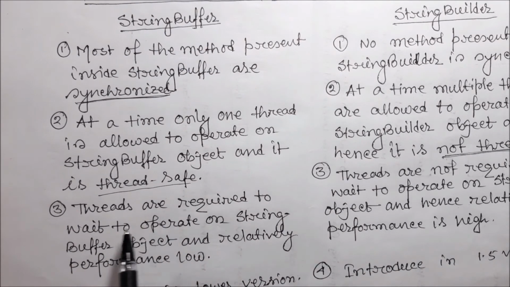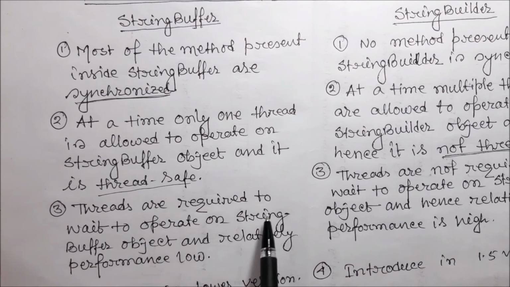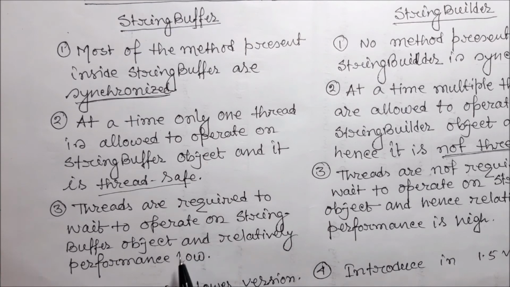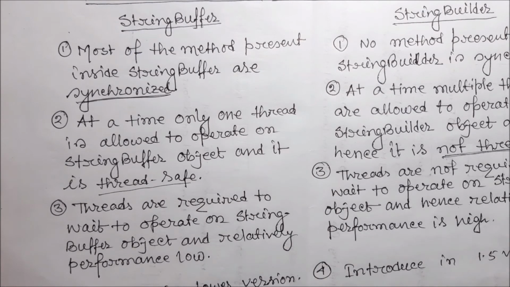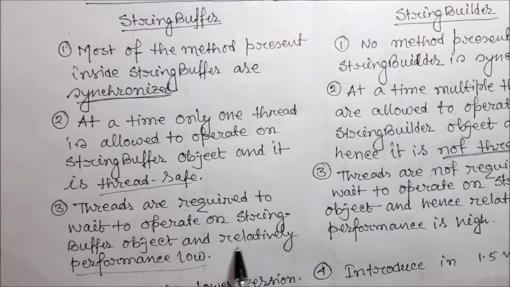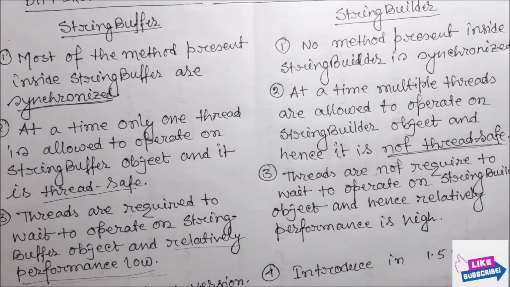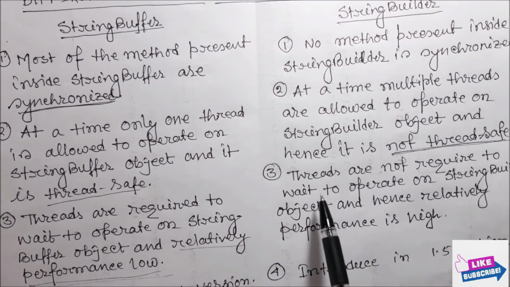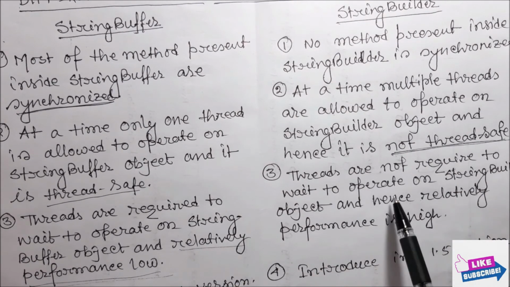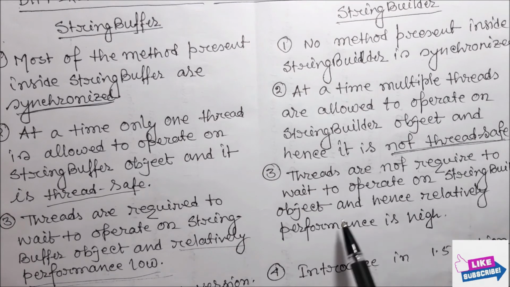In case of StringBuffer, threads are required to wait to operate on the StringBuffer object. That means they access the synchronized methods one by one, so relatively the performance is very low in case of StringBuffer. But since here multiple threads access at a time, threads are not required to wait to operate on the StringBuilder object.